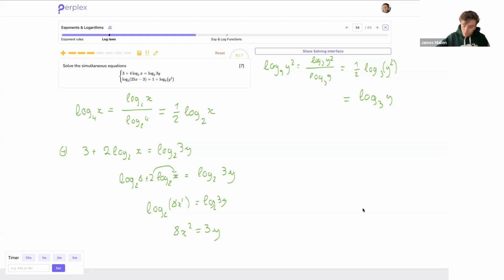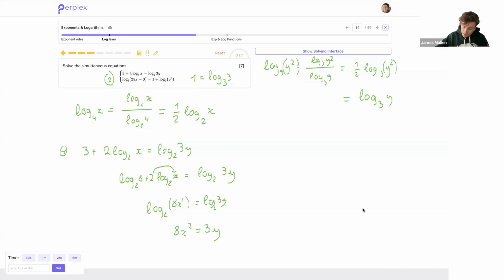Perfect. So now I have 1 plus log base 9 of y squared as my second equation on the right-hand side, and I simplified log base 9 of y squared to log base 3 of y. I can write 1 as log base 3 of 3, so that everything on the right-hand side is in log base 3.